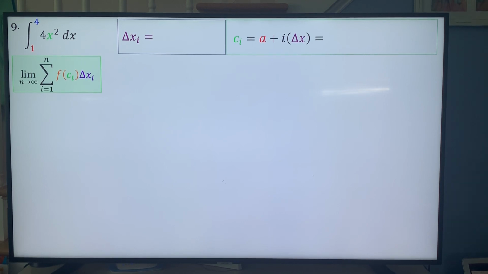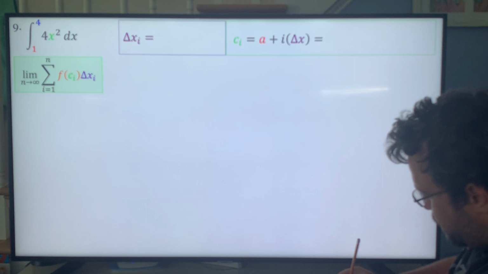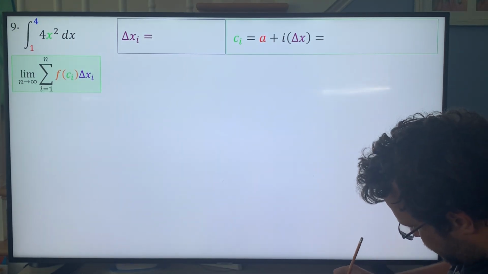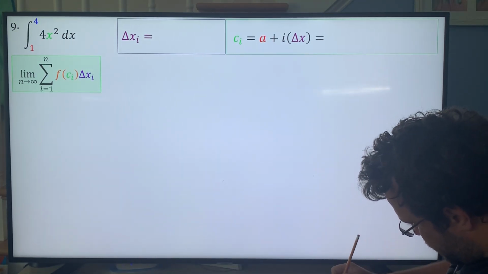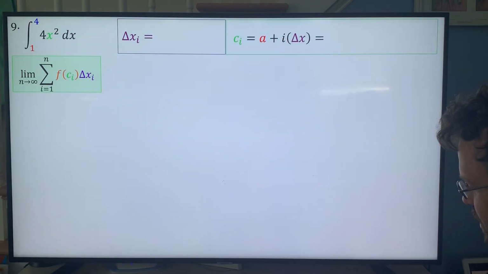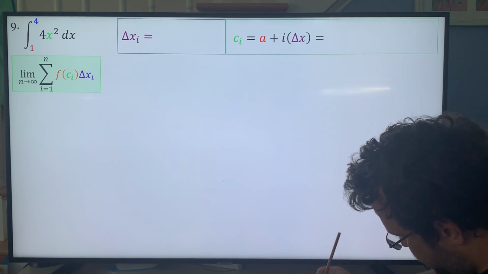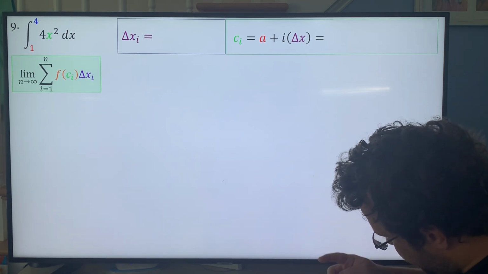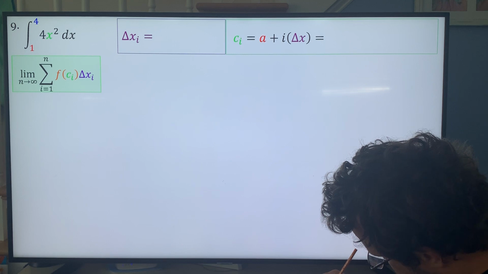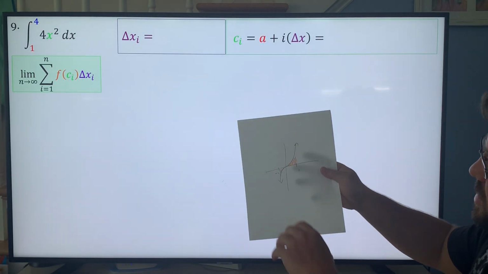All right. So, problem number 9. Now, just so you guys know, what I was talking about before, this is a very crude drawing right here, but with the x cubed curve, I don't even know if you can see this.